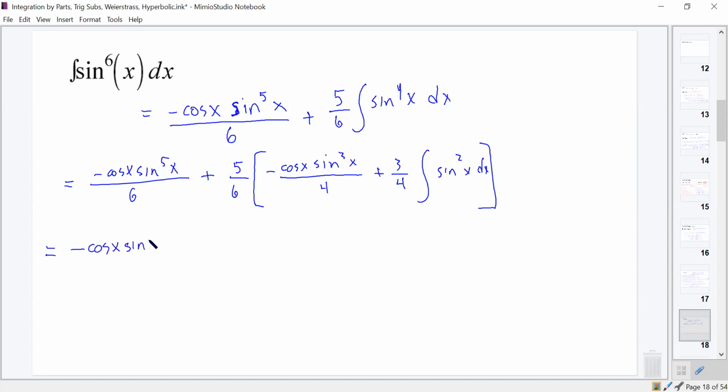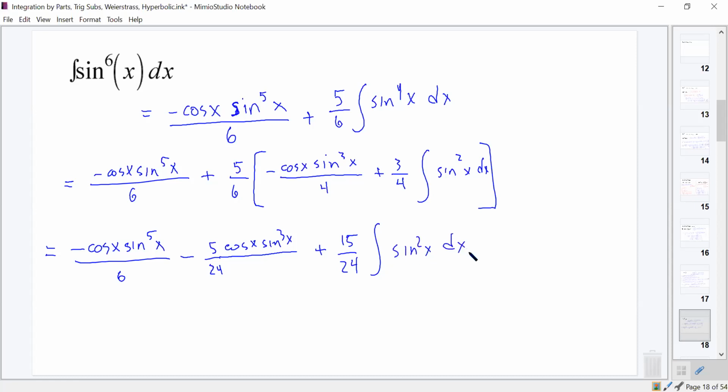Which should be negative cosine x sine to the 5th x over 6 minus 5/24 of cosine x sine cubed x, and then that should be plus 15/24 times the integral of sine squared of x dx.